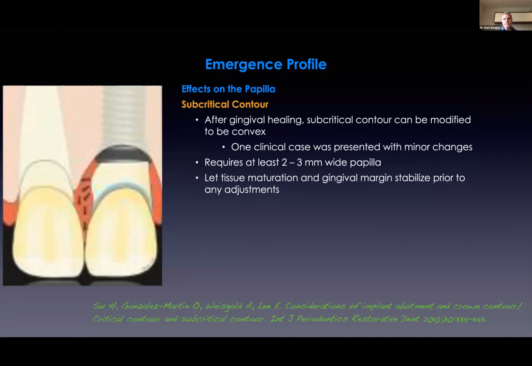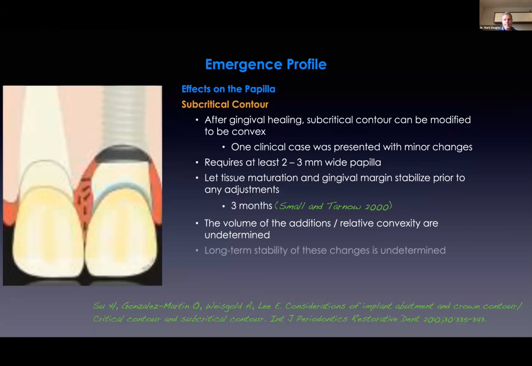And you have to let tissue maturation and gingival margin stabilize prior to any adjustments, which takes about 3 months according to Small and Tarnow. The volume of the additions and the relative convexity are undetermined. They didn't say how much to add, and the long-term stability of these changes is also undetermined.